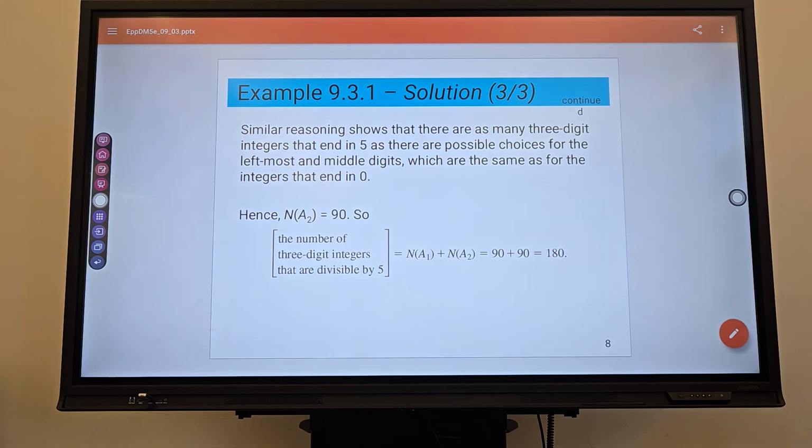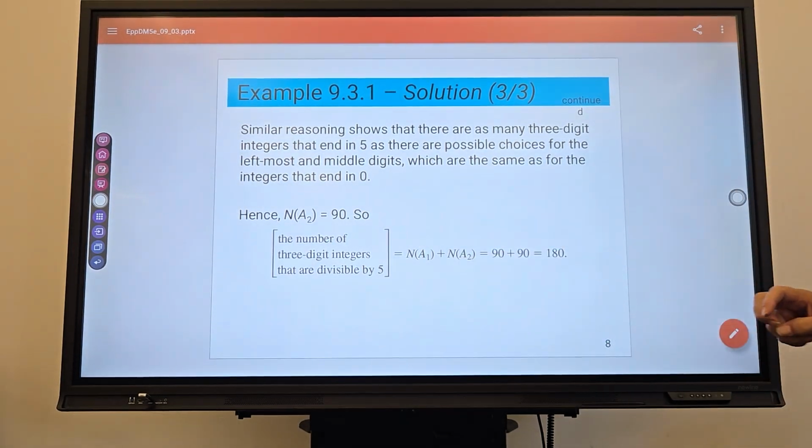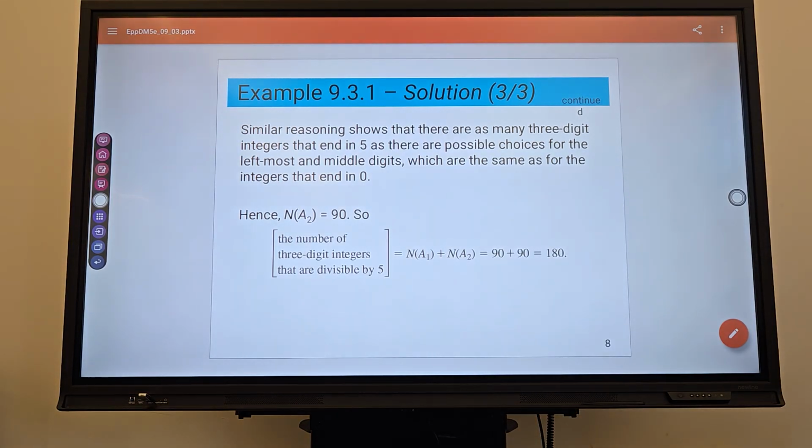Similar reasoning can be used to show that the number of elements that end in 5 is the same, and so the second group is also 90. So by the addition rule, 90 plus 90 is 180, which, if you recall from the previous section that dealt with this problem, was the same answer.